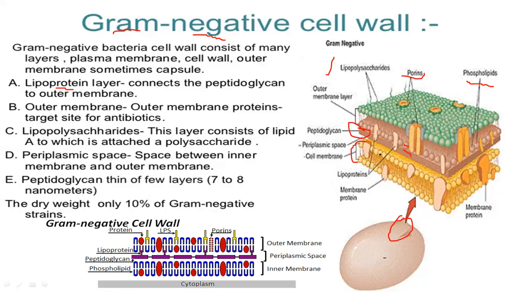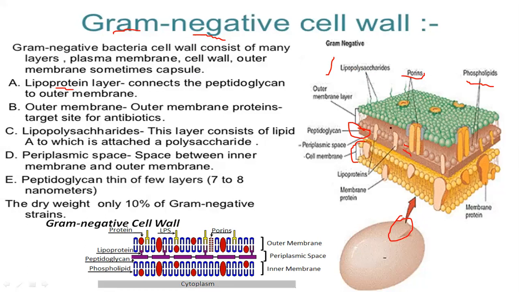Lipopolysaccharide, that layer, consists of lipid A, like lipoproteins, as well as attached polysaccharides. That's why it is called lipopolysaccharide, because it is attached with lipoprotein and polysaccharides are there.